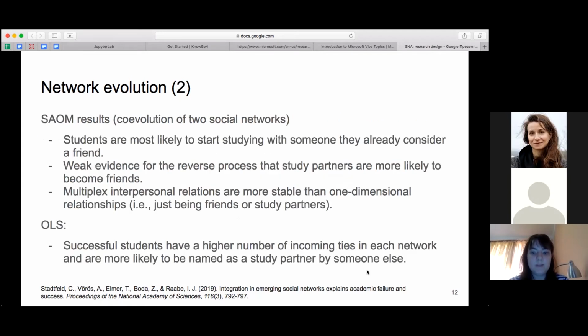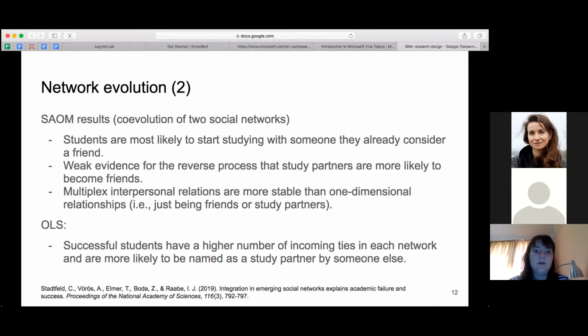And what did they do with that data? They did 2 models. In the first model, they traced the evolution of 2 networks. The first network was the friendship network, and the second one was the study together network, so academic collaboration.